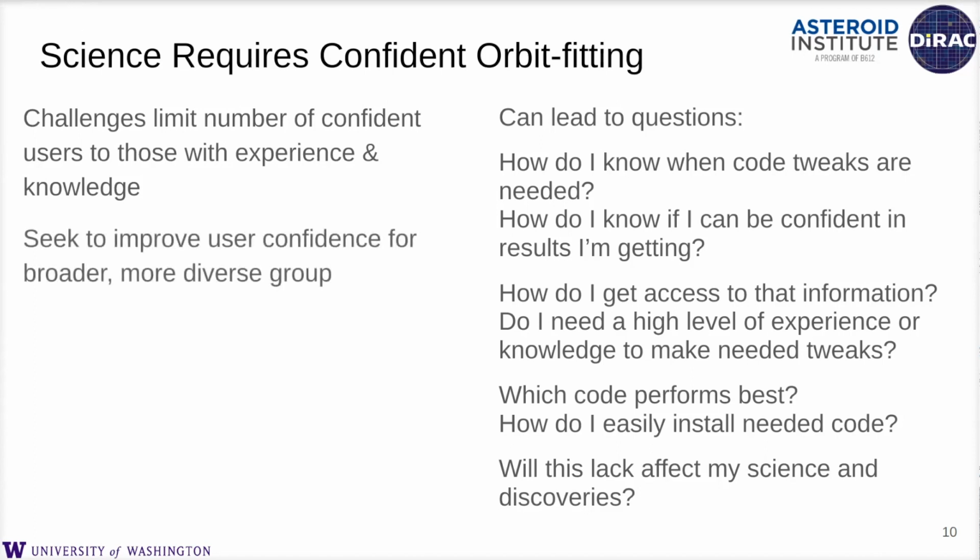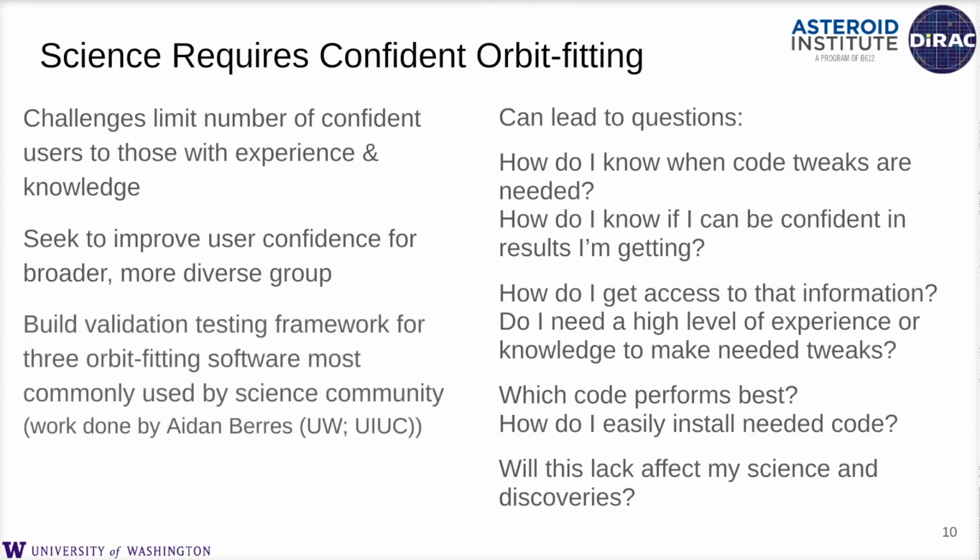So our goal with the projects that we're going to talk about today was to try to improve this situation by increasing the confidence in being able to use these codes to a much broader, more diverse group within the science community, namely opening it up to anybody in the science community to have the ability and access to the information that allows them to confidently use these codes for their science and their discoveries.